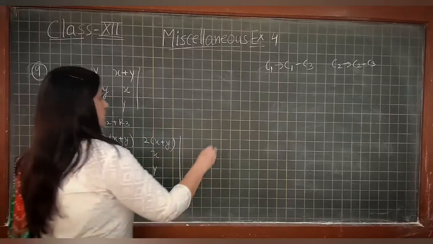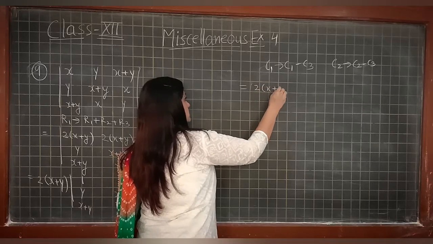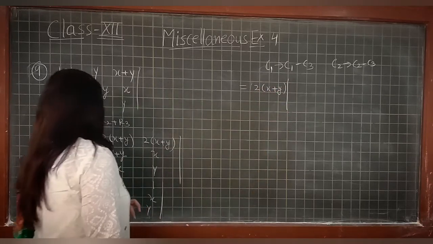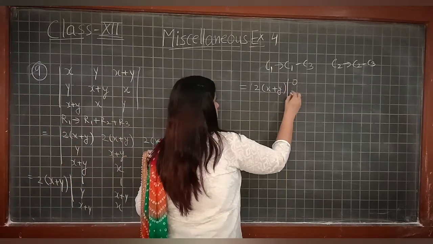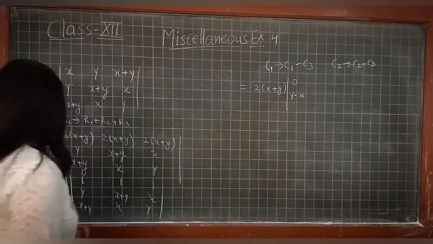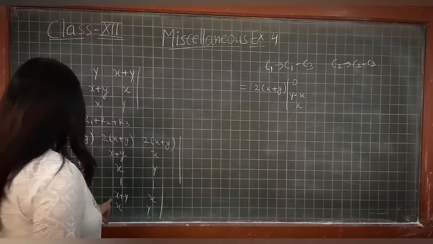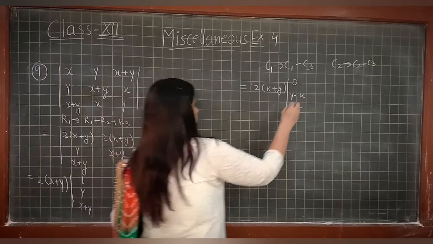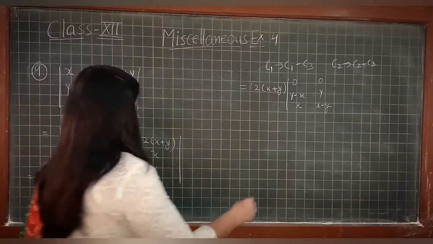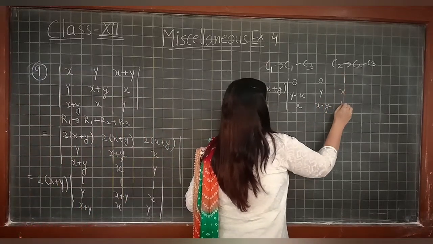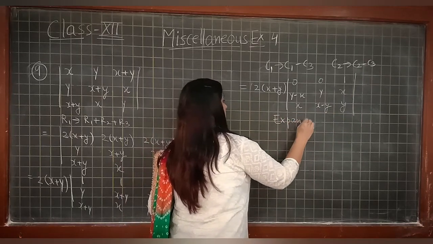Okay, so it is equal to twice of x plus y. So 1 minus 1, 0, y minus x, then x plus y minus y means x, then again C2 minus C3, you have 0, y and x minus y. Okay, then 1, x and y. Now expanding about R1.